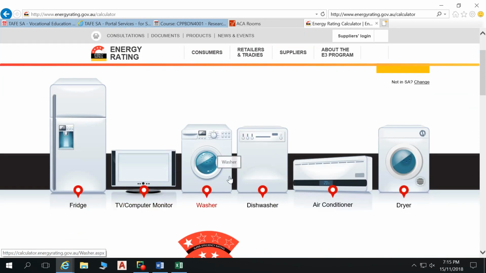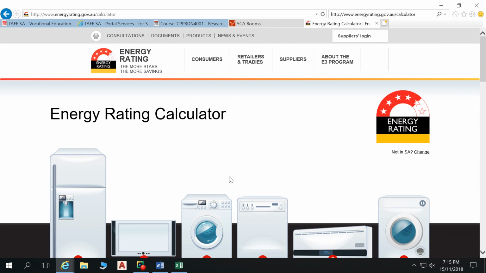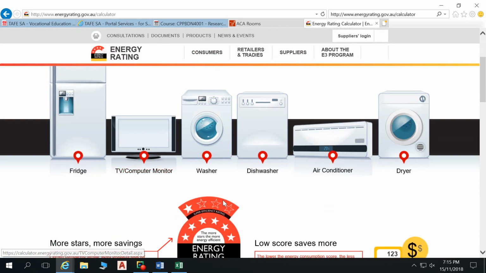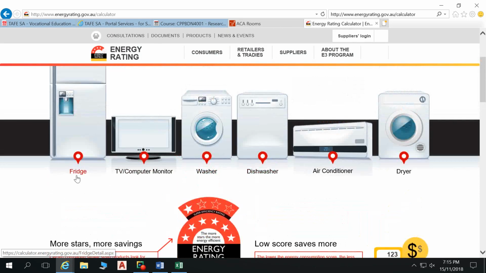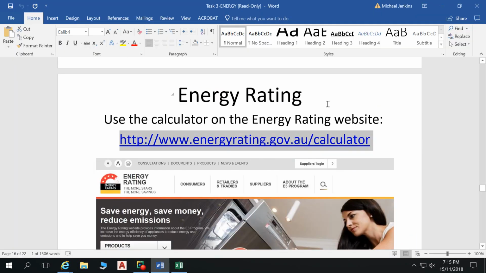So with this online energy rating calculator, you can compare a whole lot of different products and go, okay, well, this one has these particular features, this size, etc., and it's going to be using this amount of energy.